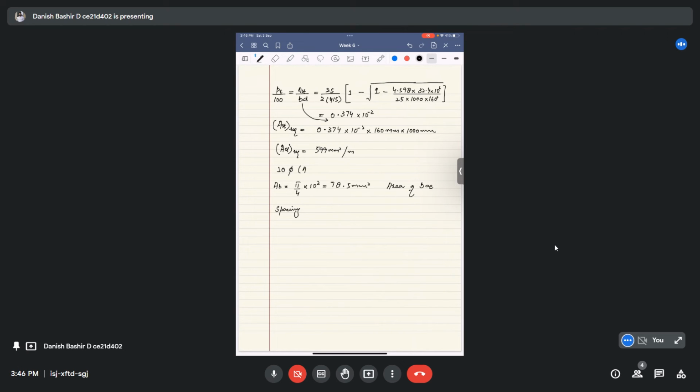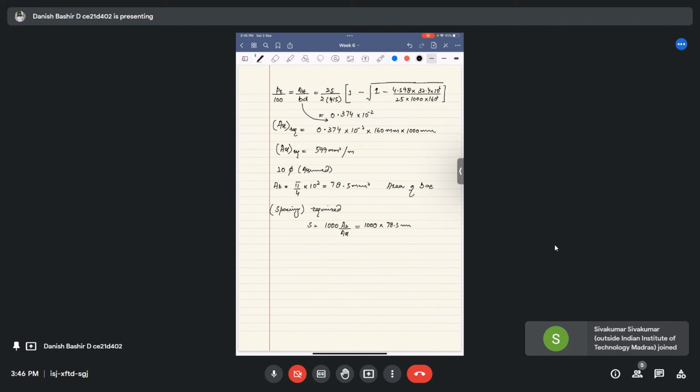Spacing required will be 1000 times area of bar divided by Ast. Plugging all the values, we have 1000, area of bar 78.5 mm square, divided by 599 mm square. So we will have our spacing as 131 mm.